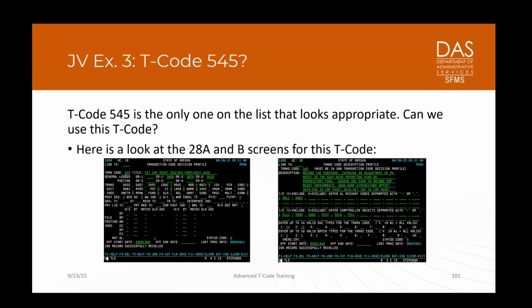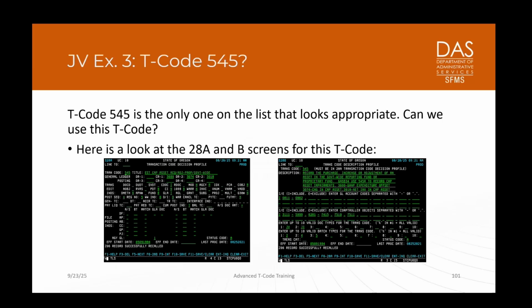If we look at our 28A and 28B screens, this allows us to use GL 0816, as well as the original GLs we were looking at, GL 3074 and GL 3018.